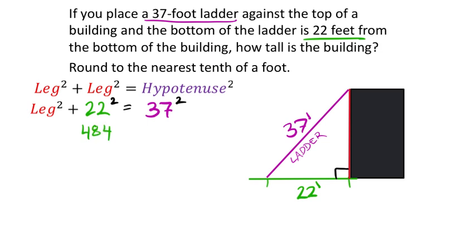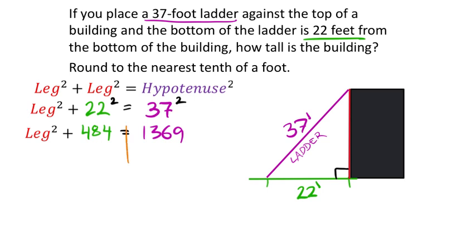And then 37 to the power of 2, or squared, shows 1,369. Okay, so now I've got leg squared plus 484 going to equal 1,369. And from here, we're just looking at principles of equality.